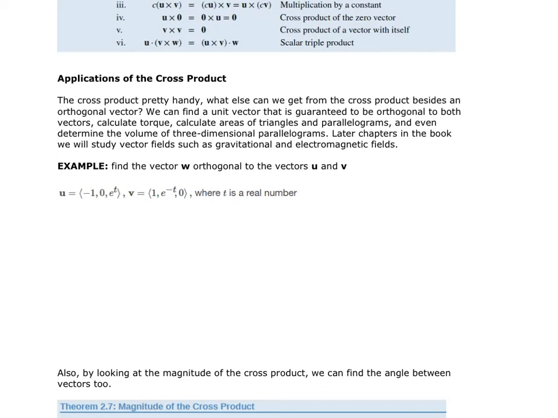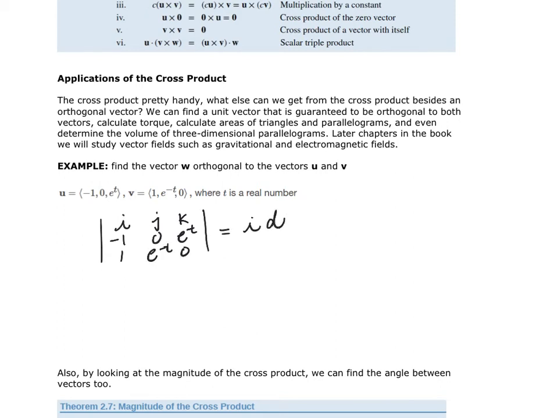So I want to find a vector that is orthogonal to u and v, given that I have this w. They're telling me that t is a real number. So I treat it as a real number, and this is a heads up that we're going to get to parameterizations. It's coming. I know you're excited about it. So i, j, k, negative 1, 0, e to the t, 1, e to the negative t, and then 0.